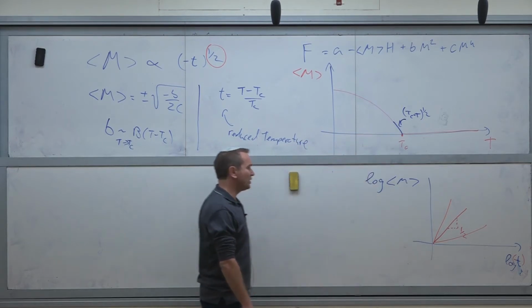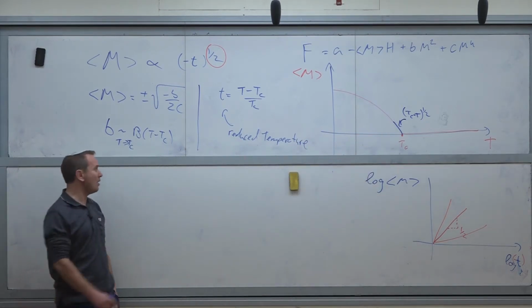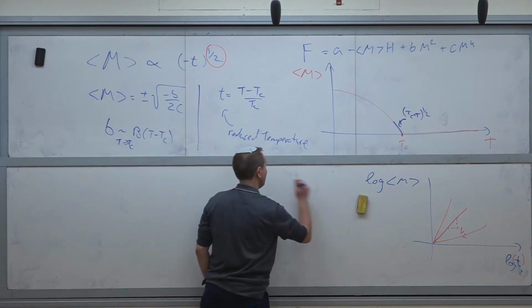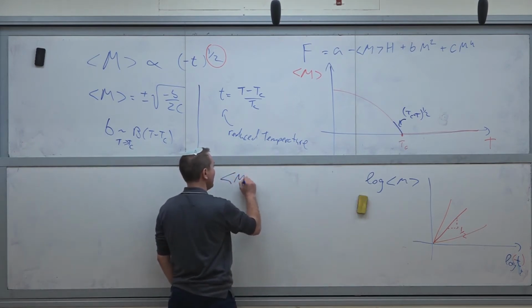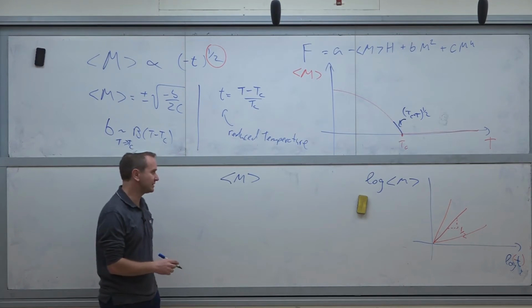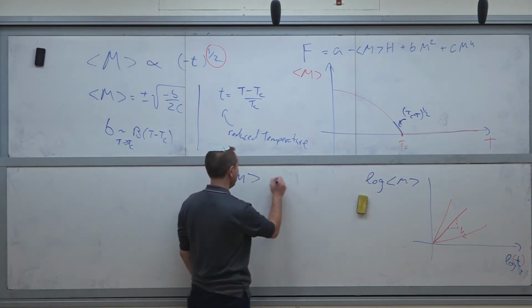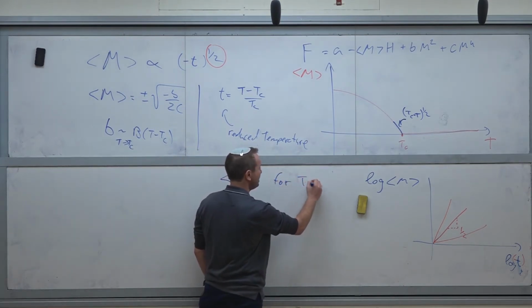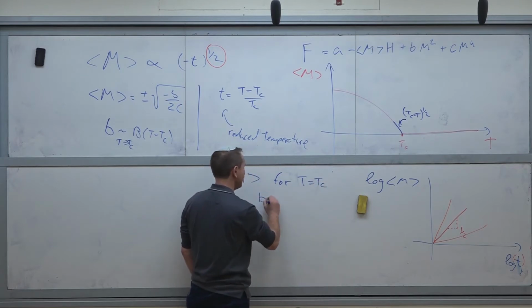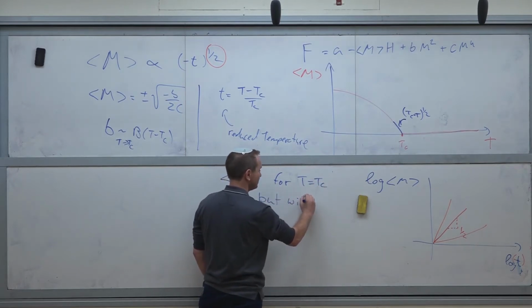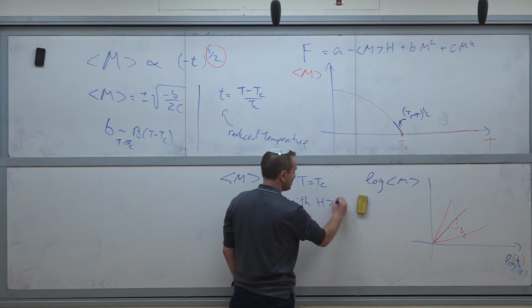We can also ask how M behaves for T equals Tc, but with an external field present.